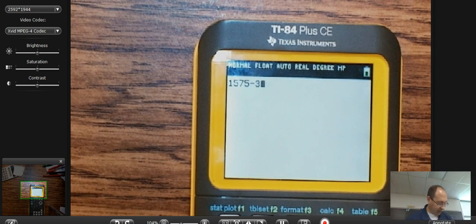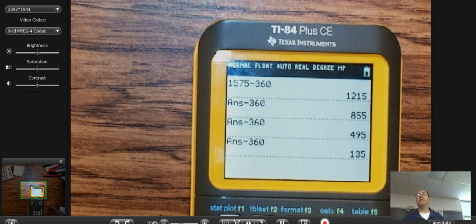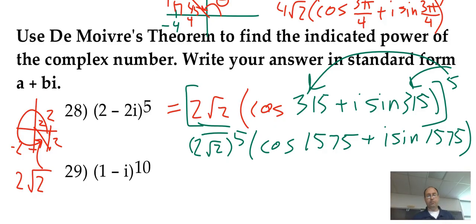This is called technicalities right here. I'm going to subtract 360. Subtract 360. And again, and again, and again. Hey, it's 135. Using a recursive idea. Pretty cool. Just keep subtracting until you get down to where you need to be. All right, so 135 is where we're at on the circle.